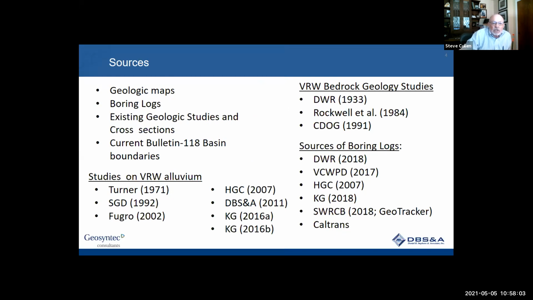Previous studies on the extent and thickness of the alluvium in the basins included Turner from 1971, Stahl, Gardner, and Dunn, '92, Fugro West, 2002, Hopkins Groundwater Consultants, shown as HGC here, in 2007, DBSNA 2011, and Cured Groundwater published in 2016. Previous studies of bedrock in the watershed consulted also include DWR 1933 and Rockwell et al. in 1984 and the California Department of Geology in 1991.